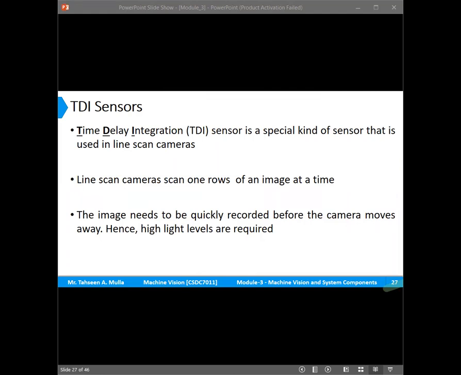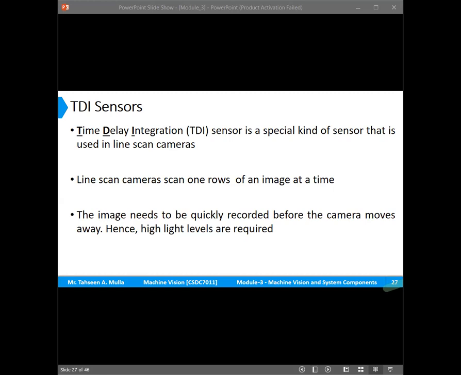They have different purposes depending on how fast a response is needed, what kind of object it is, whether it is small or big, whether it is moving fast, whether I need to capture it, whether it has image applications or is more software dependent. There are lots of things to think about: how these sensors could be applied in what type of application. So this is a special kind of sensor that is used in line scan cameras.